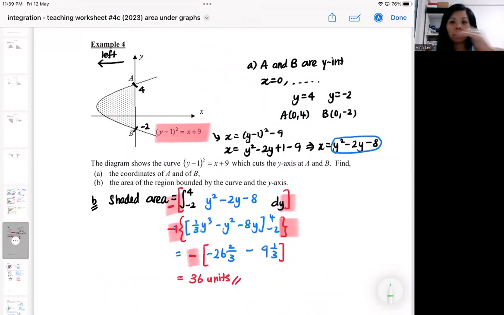That will be a horizontal area when you are using the y coordinate. In an exam, most of the time you are using the vertical area. Not so frequently will you be using the horizontal, but you still need to know. Sometimes you have no choice. But I will say 90% of the time you are using the vertical area.